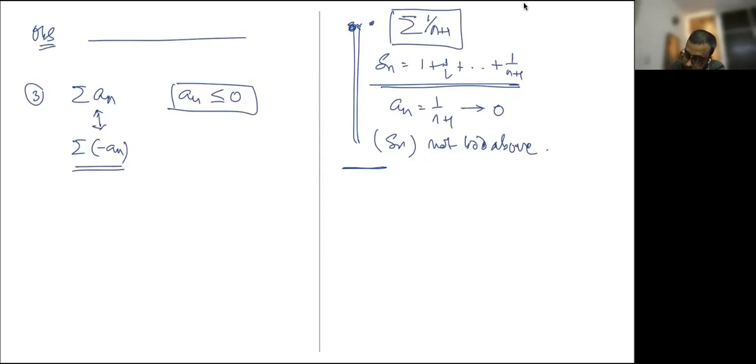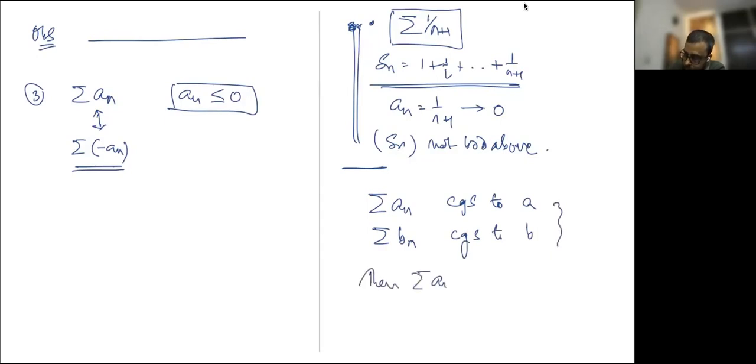Now, suppose you have two different series. Let's say this converges to A, this converges to B. Then you can also, of course, talk about this series, where the nth term is just the sum of the nth terms of these two.